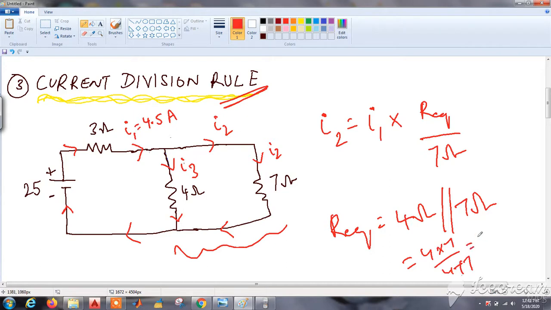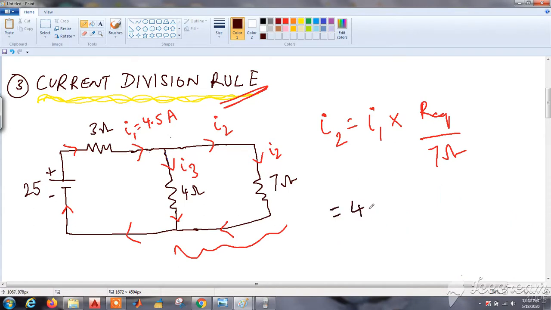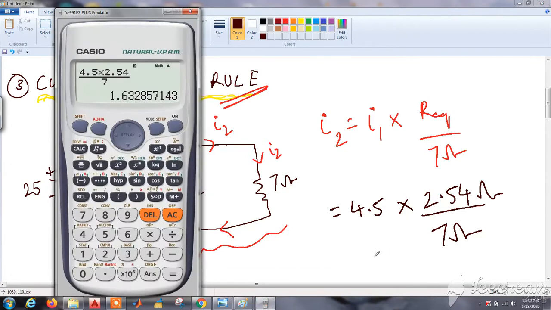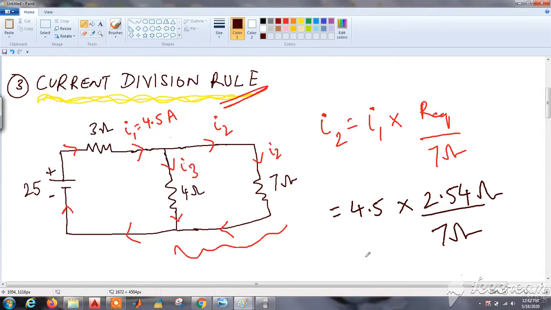Just now we have seen we were getting 2.54 ohms. This is R equivalent. So our source current was 4.5 amperes times R equivalent, 2.54 ohms, divided by 7 ohms. So this must give the current I2. We are getting I2 as 1.63 amperes. So the current I2 is 1.6 amperes.